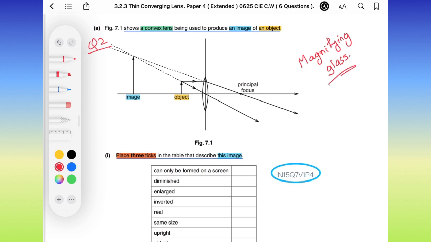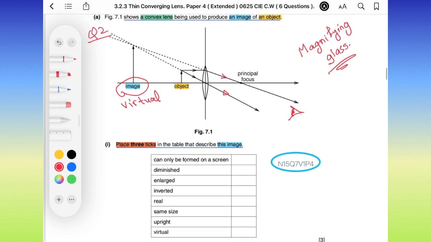It's the only case where we have virtual refracted rays, and we have extension of rays, and the image is virtual. So the image is virtual. How do you know? You have extension of rays. So the rays are refracted here, and you will look here, so you can see the extension of the refracted rays.